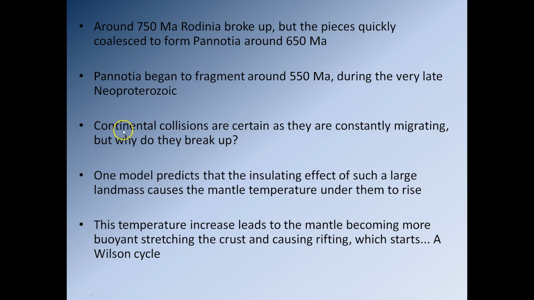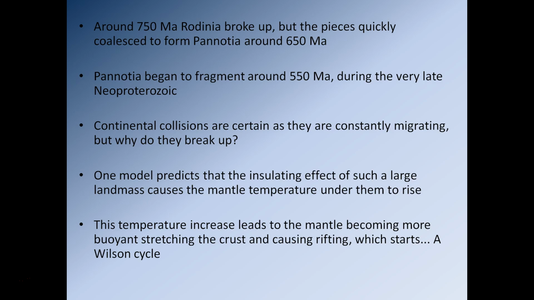So the continental collisions are certain, as the continents are constantly migrating. But as already discussed, why do the continents actually break up? One model predicts that maybe there's an insulating effect from really, really big pieces of continental crust. Essentially, that means the mantle underneath them gets very, very hot because it's very difficult to lose heat through these very thick pieces of continental crust.